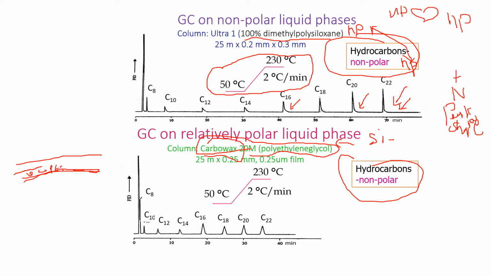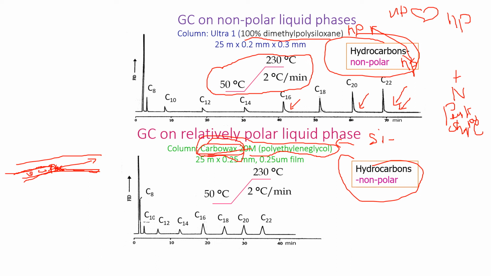The PEG is preventing the hydrocarbon from being absorbed that long. The PEG is polar, right? So they don't love each other. So the hydrocarbon will only stay here a bit, and then when the mobile phase comes, it will go out fast, because we have this Carbowax.